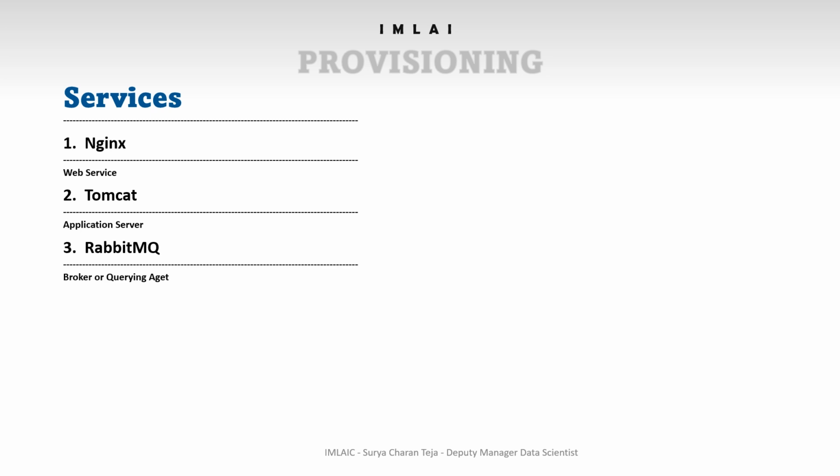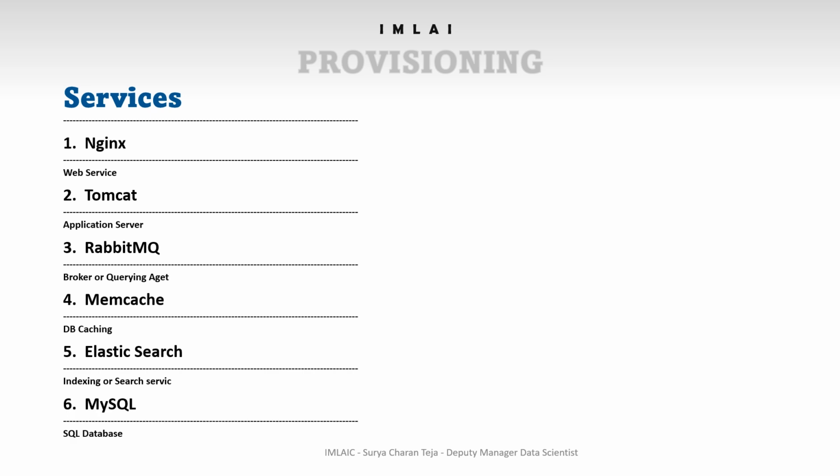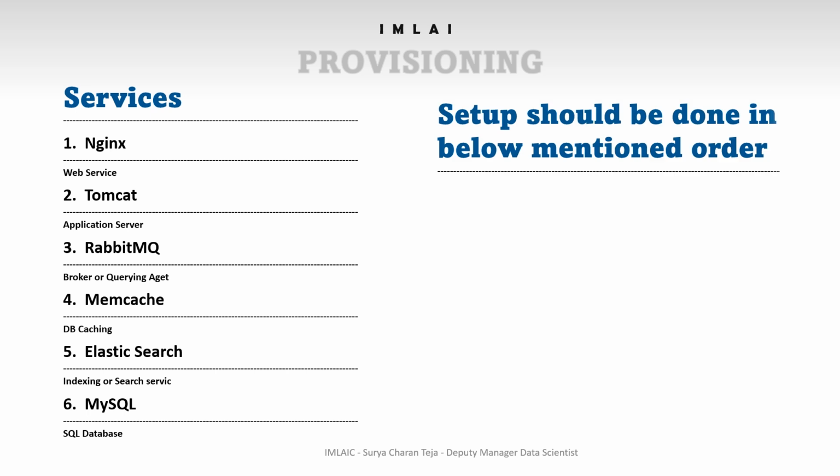In this project we have 6 services, but we use 5 services. Those are Nginx, RabbitMQ, Tomcat, Memcache, Elasticsearch and MySQL. Nginx is our web service, Tomcat is an application server, RabbitMQ is a broker or queuing agent, Memcache is DB caching, Elasticsearch is the indexing or search service, and MySQL is the SQL database.